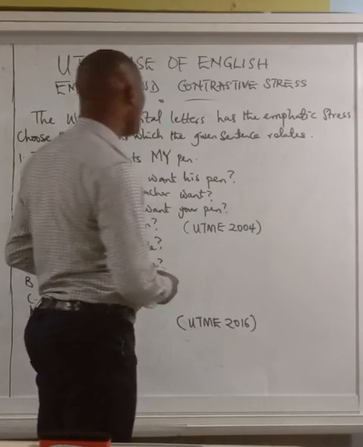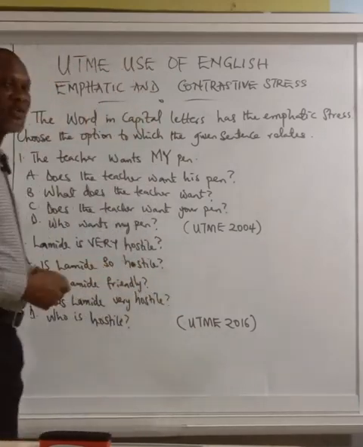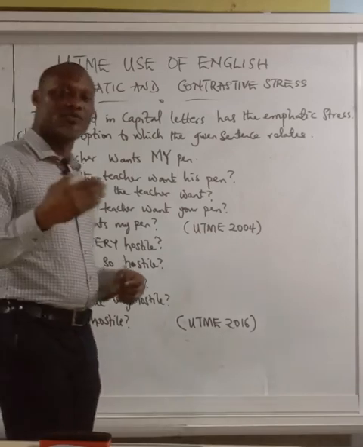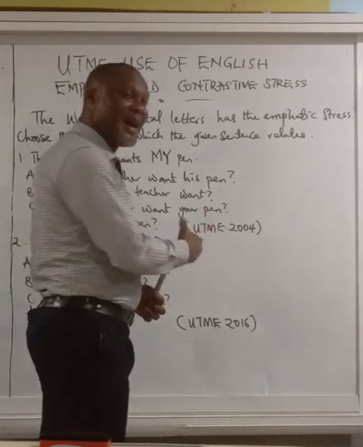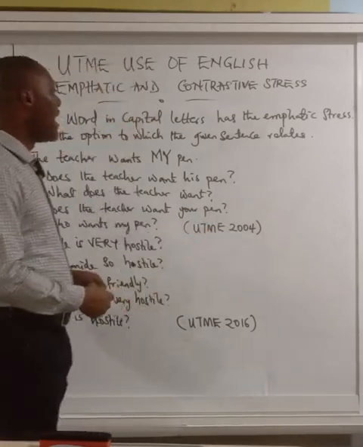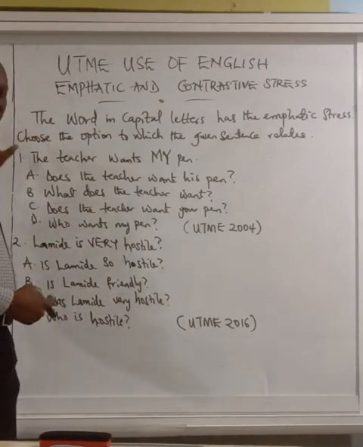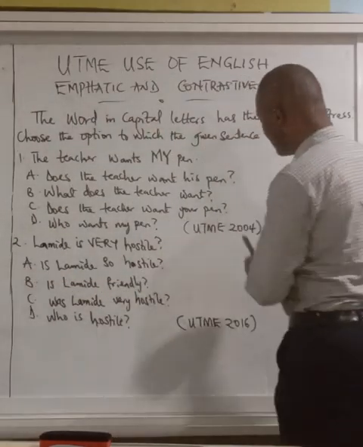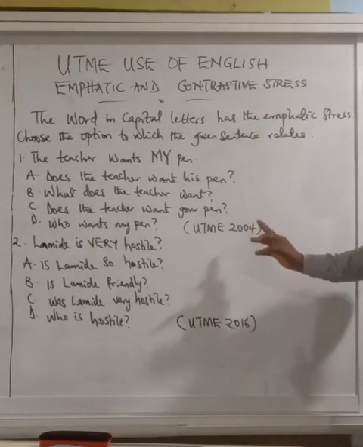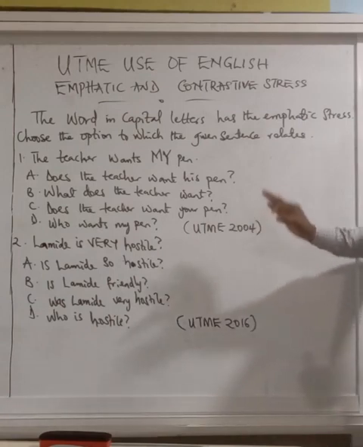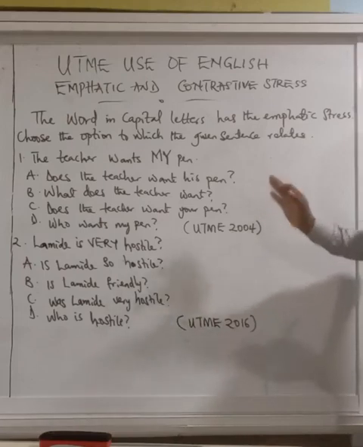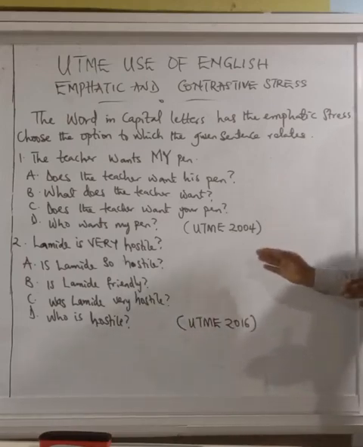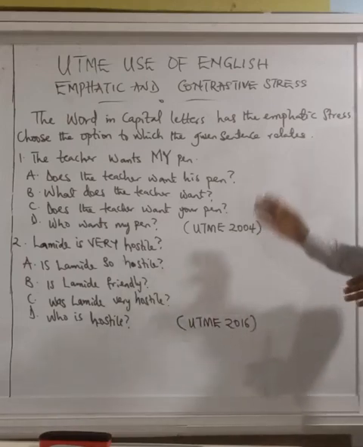Now, let's look at these common questions that WAEC or JAMB UTME usually ask in their exam. If you look at the model questions I have on the board here, I have a 2004 UTME question. It is a common question that you will see in the UTME or WASSCE examination every year.